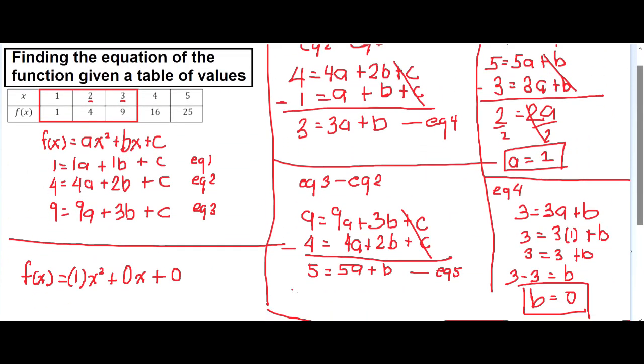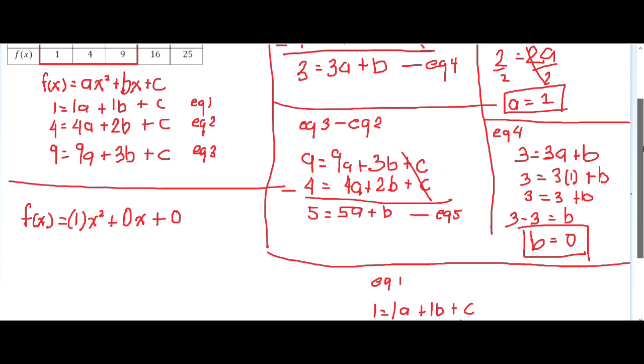Ngayon, if ever man na hindi 0 yan, i-simplify mo na lang to. But if you're going to simplify this one, your final answer now will be f of x is equal to x squared. Bakit x squared? Kasi 0 na yan, hindi mo na kailangang ilagay. Yung letter C mo, 0 din, hindi mo na kailangang ilagay. Bakit yung 1 na wala?